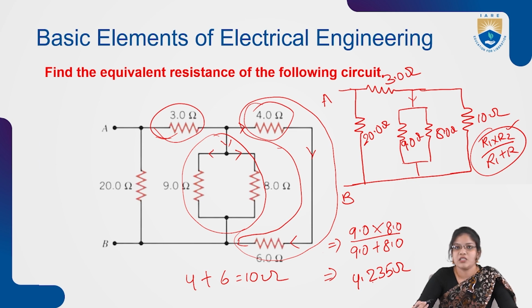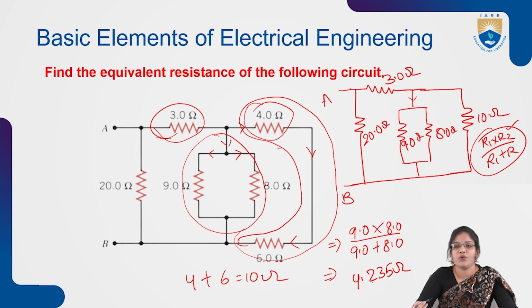If they are connected in series, we need to add all the elements. If they are connected in parallel, we need to multiply according to the network. If there are two inductors connected, we need to use the formula L1 into L2 by L1 plus L2.